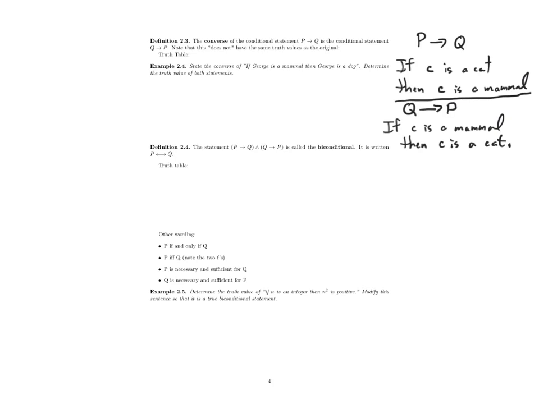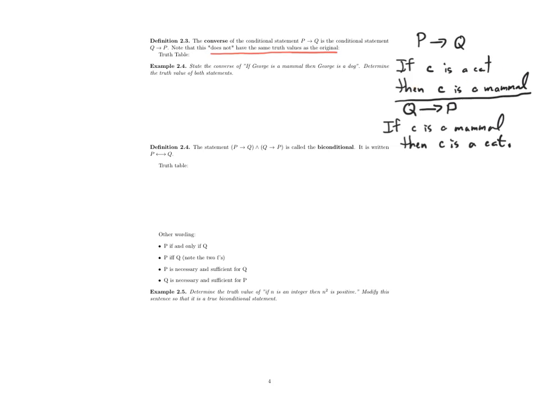And just thinking about this, you can see that these statements are not logically equivalent. They do not have the same truth values as the original. That's important. This statement is always true. Cats are mammals. Pick any cat that you like, it's also a mammal. There's never a situation where P is true and Q is false.